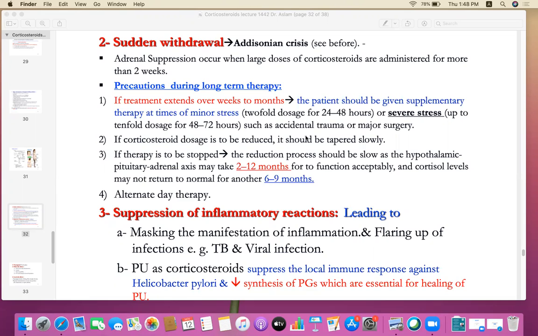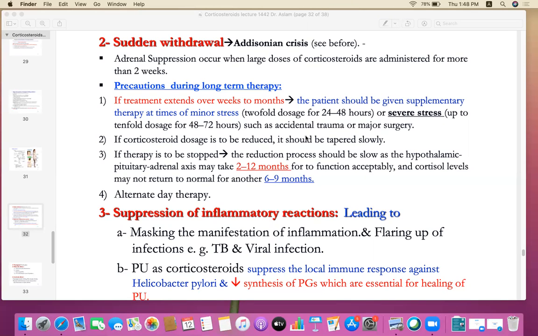And if the corticosteroid dose is to be reduced, it should be tapered slowly. And if the therapy is stopped, what happens? The hypothalamic-pituitary-adrenal axis may take 2 to 12 months to function normally, and to maintain the normal cortisol level it will take 6 to 9 months.